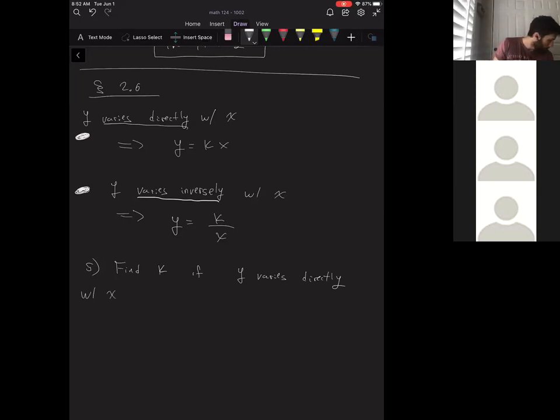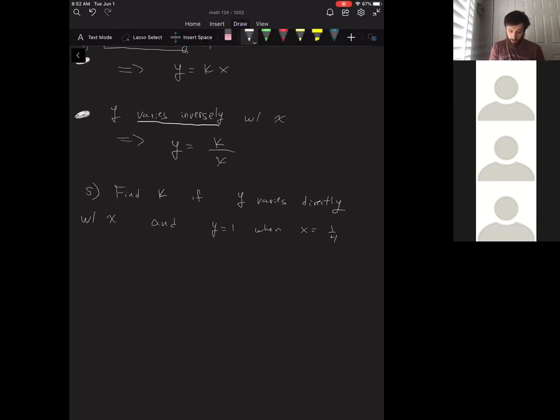And we're given that y is equal to 1 when x is equal to 1/4. Okay, so how do we do this problem?